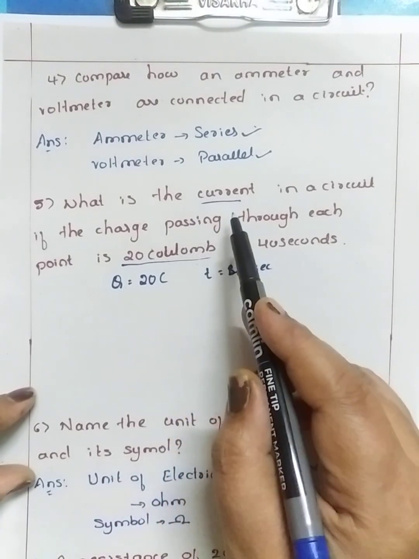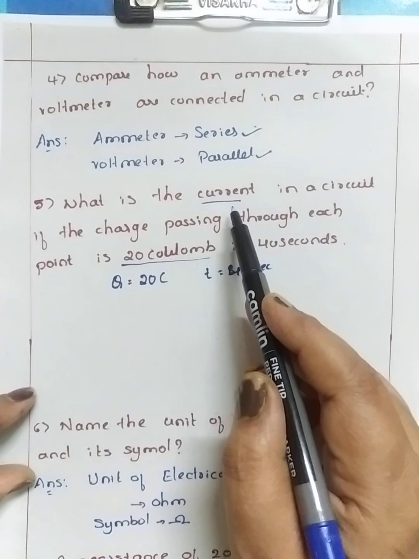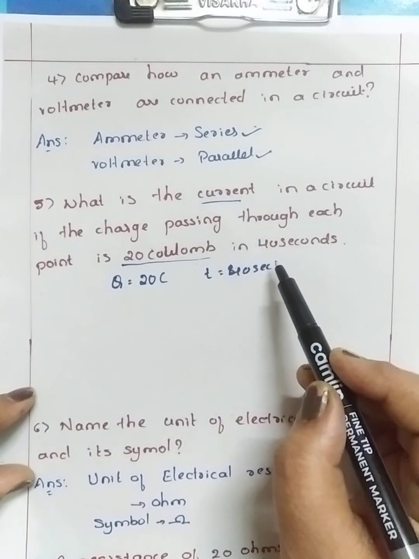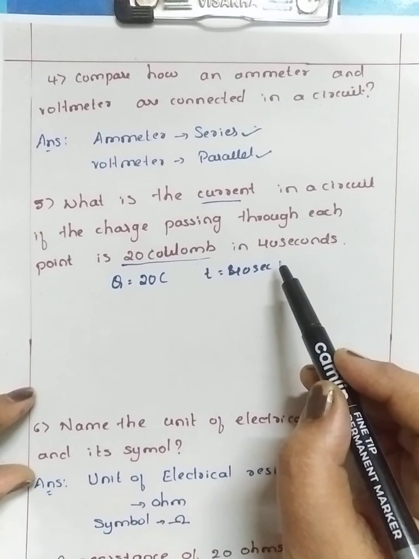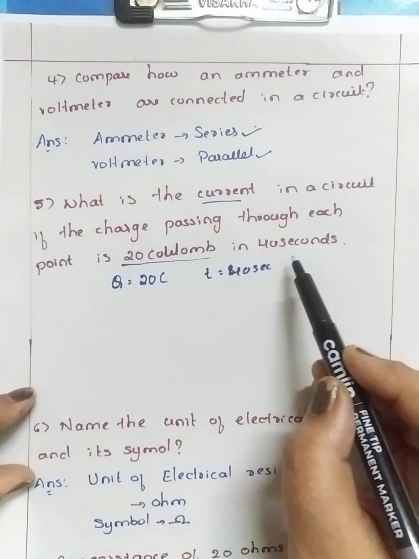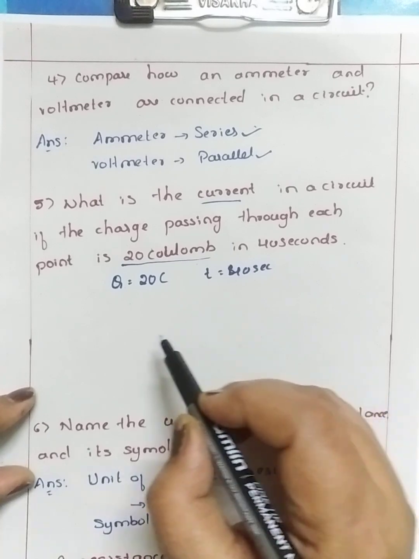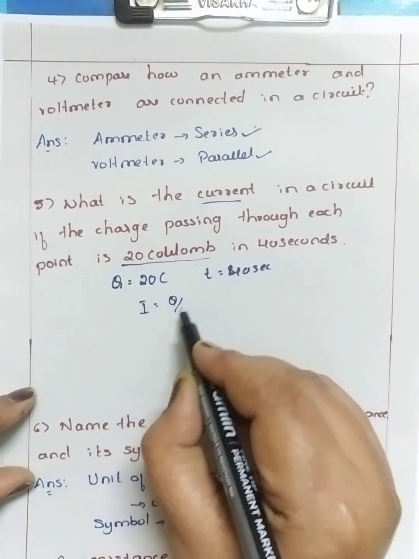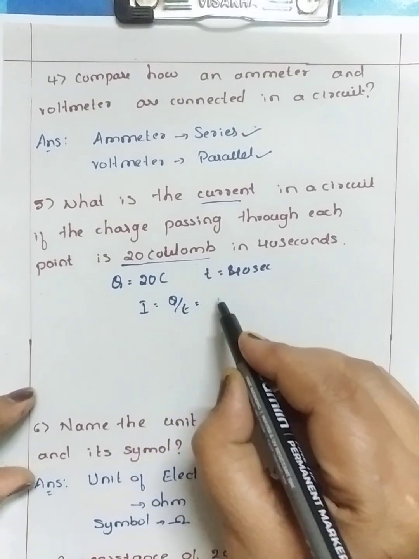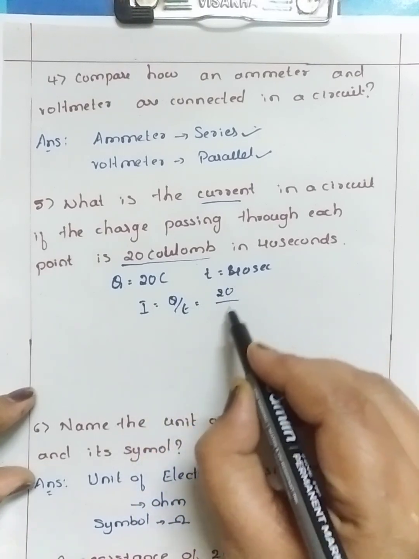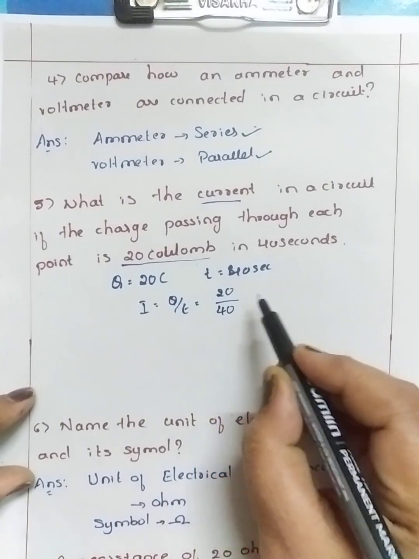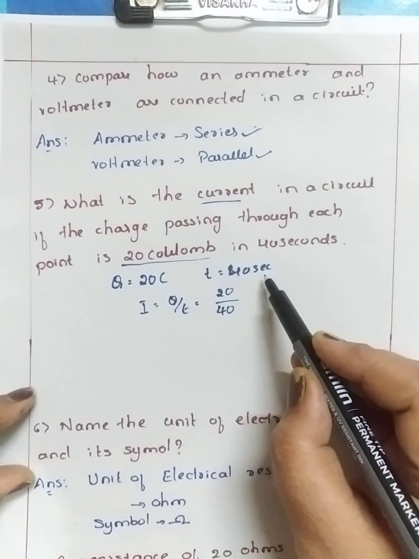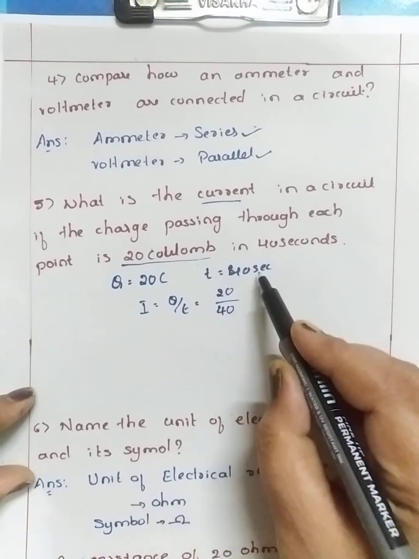Now current. How do we define current? Current is the rate of flow of charge. What is the formula? I equals Q by T. Q is 20 coulomb and time is 40 seconds. If time is given in minutes, you have to convert it into seconds; now it is already in seconds.